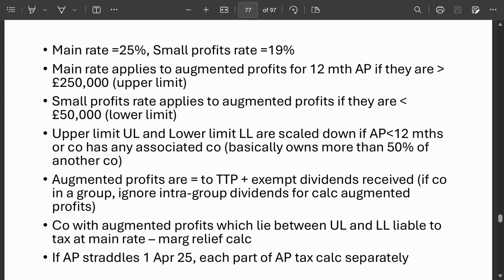If you're below the lower limit, you are charged at 19%. If you're above the upper limit, you're charged at 25%. And if your augmented profits fall between the 2 limits, 50 and 250, then you get charged at 25%, but you will get some marginal relief. That's the concept I was talking about with principal private residence relief, a similar kind of concept.